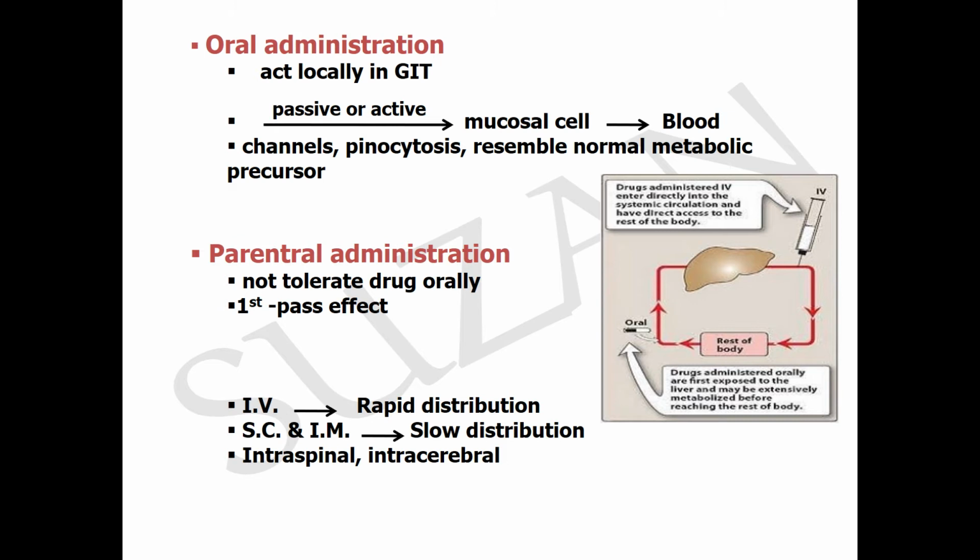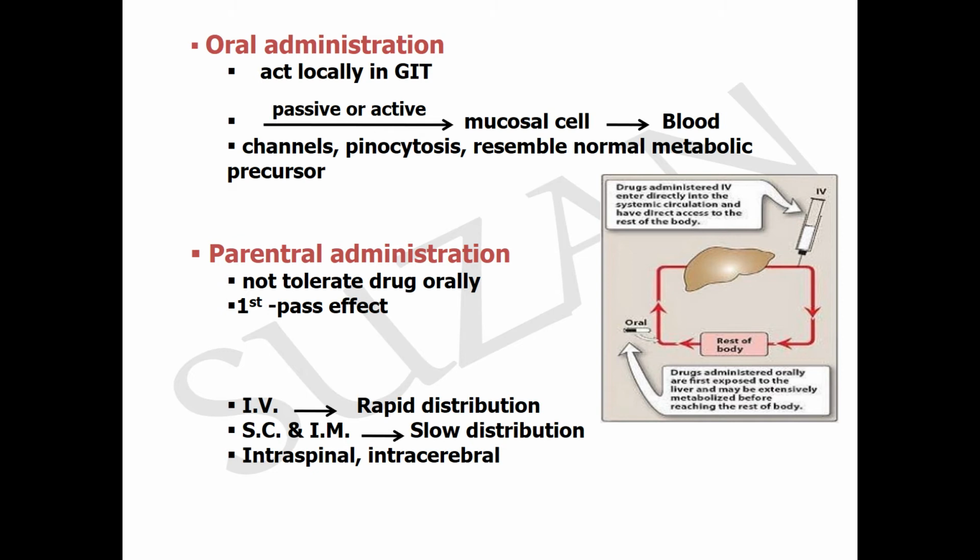The types of parenteral administration are different with different distribution rate. For example, IV injection, the drug will be administered directly, or you put the drug directly into the blood circulation. This gives rapid distribution. However, the subcutaneous or intramuscular routes will give slow distribution.